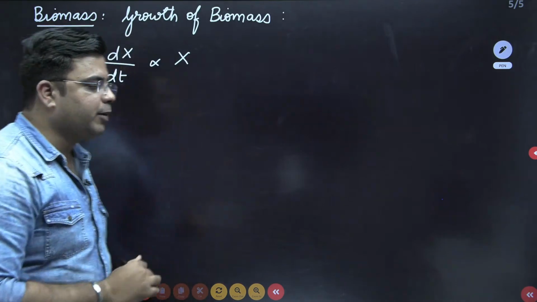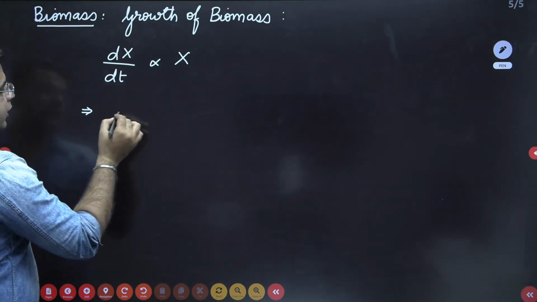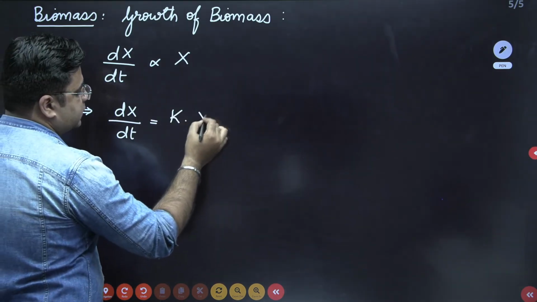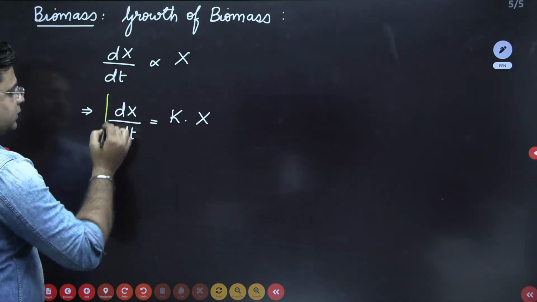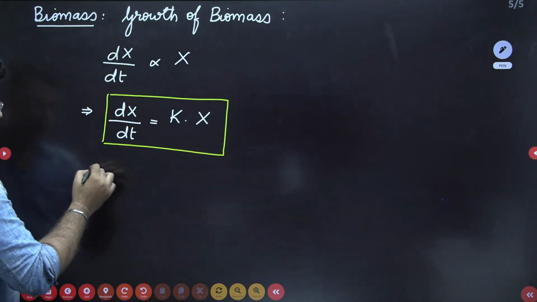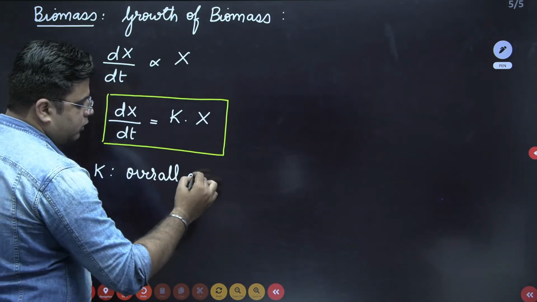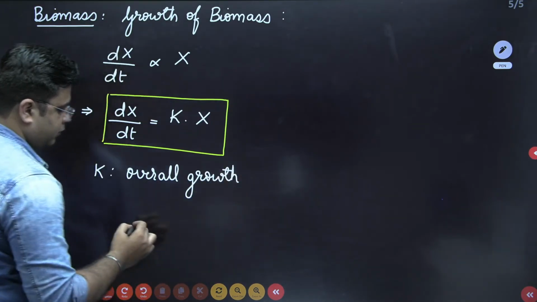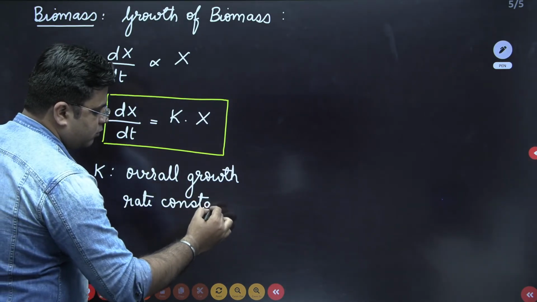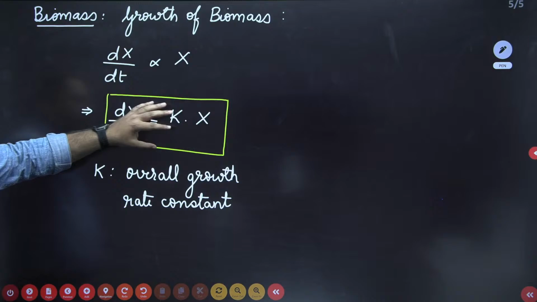When you remove the proportionality sign, you have dX by dt equal to k into X. Here k is known as the overall growth rate constant. So this is the growth of biomass in the system.